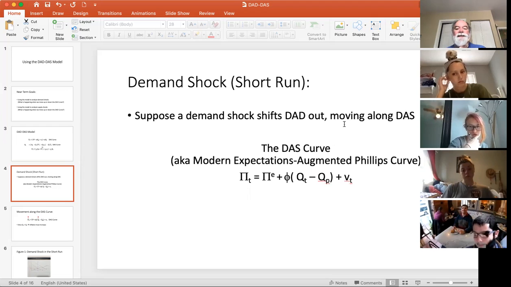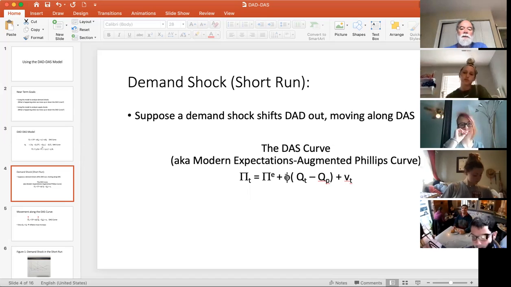Let's think back about what the DAS curve looks like. It's right here in the graph. Remember, this came from what we call the modern expectations augmented Phillips curve. What it means is that there's a Phillips curve part that we modified using Okun's law so that we're looking at Q minus QP instead of unemployment minus the natural rate of unemployment.